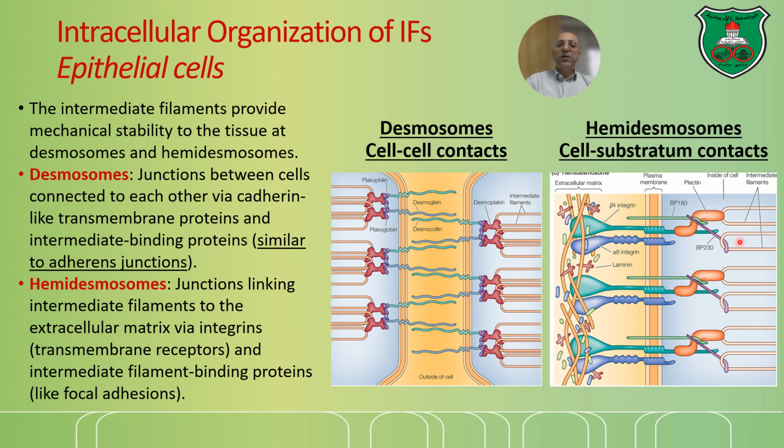So we have this indirect connection between the intermediate filaments and the matrix proteins outside. So anything that happens outside the cell can be sensed inside the cell by changing the structure of the intermediate filaments. So this is similar to the focal adhesions, the specialized structure of the actin filaments that we talked about, and how actin filaments are connected to the extracellular matrix.